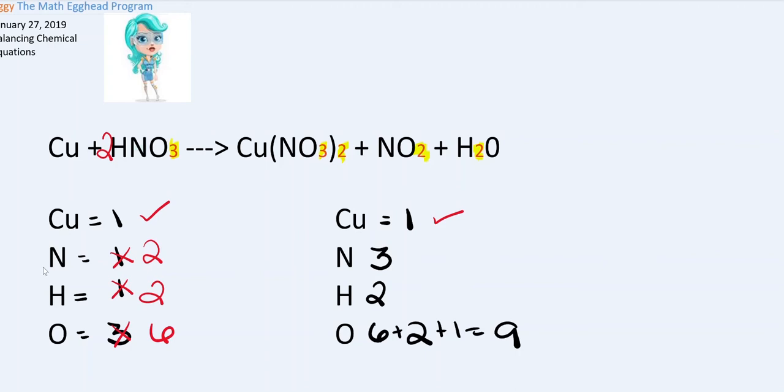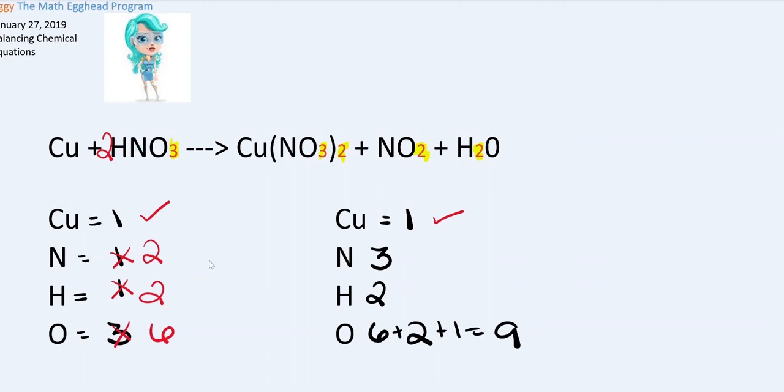Once I changed that coefficient on the nitric acid, that changed everything. So now that gives me 2 hydrogens, 2 nitrogens, and 6 oxygens. As you can see, the 2 coefficient belongs to everything in that molecule. You multiply straight ahead.